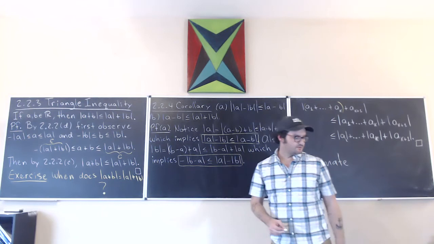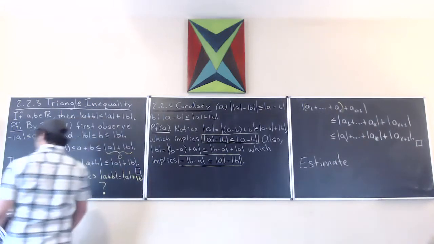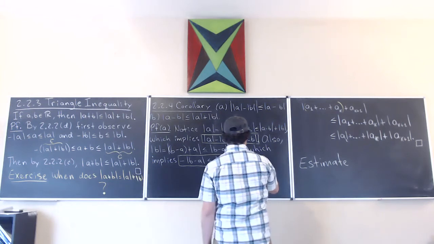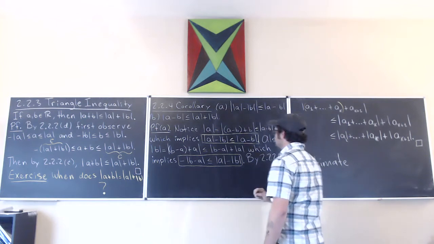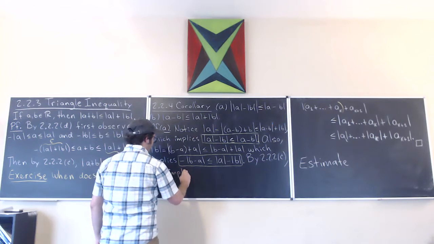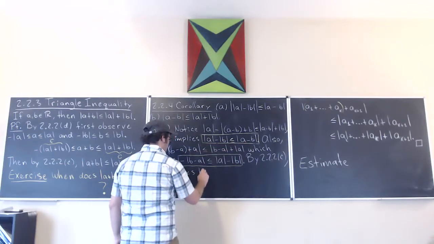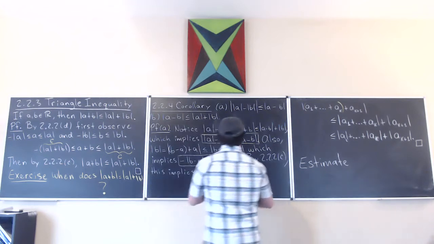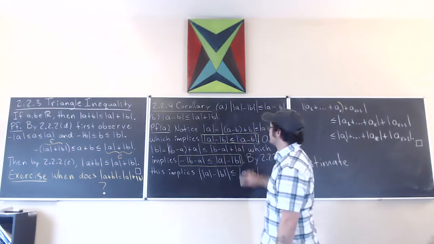So by theorem 2.2.2 part C, this implies that the absolute value of this is bounded above by this quantity. So then we establish part A.